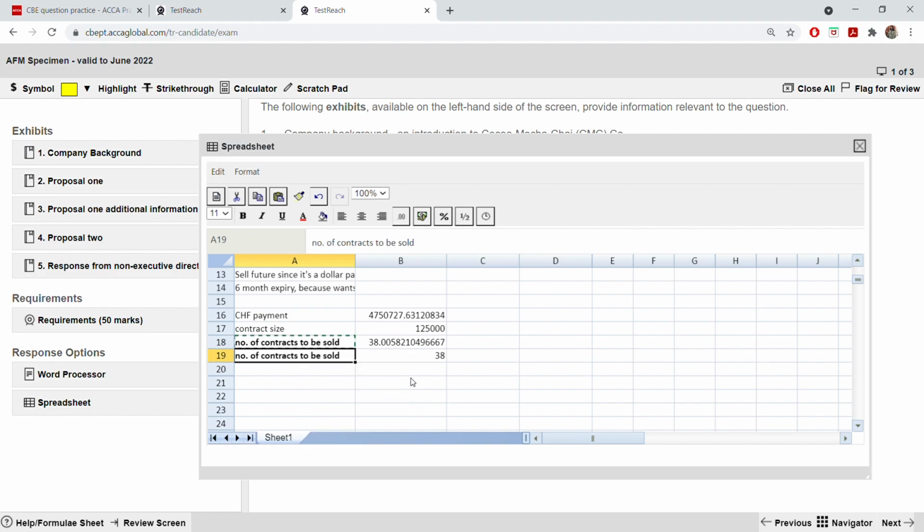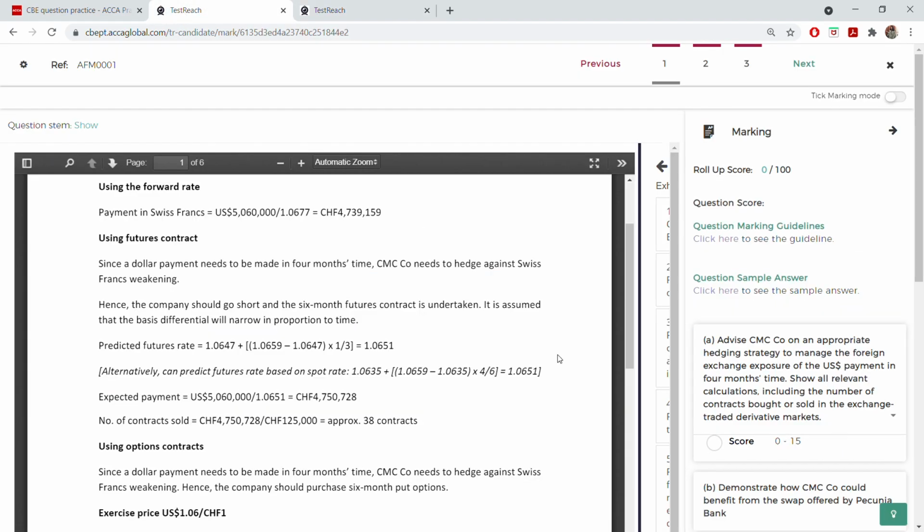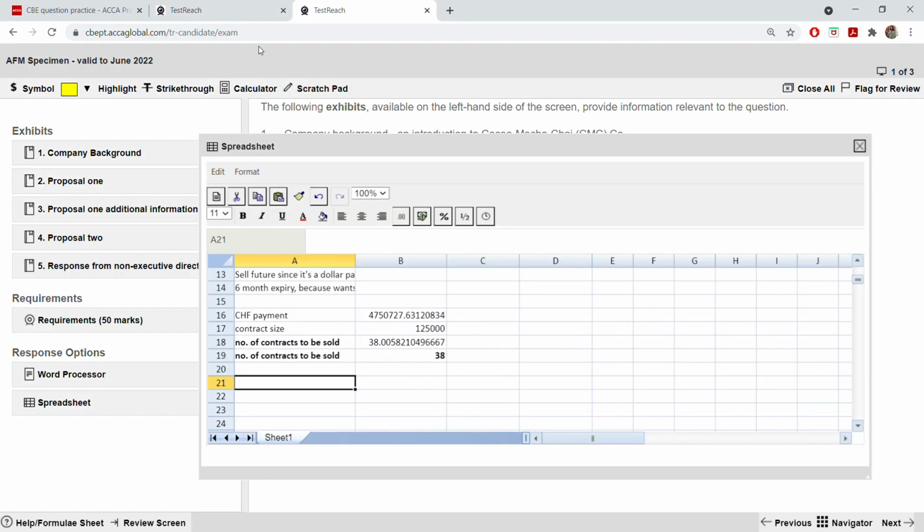Paste. This I will bold it out. You see, 38 contracts. That means you have taken less contracts than what is required. That means there has been an under hedging. So you see the answer. But keep that actual answer also with you.